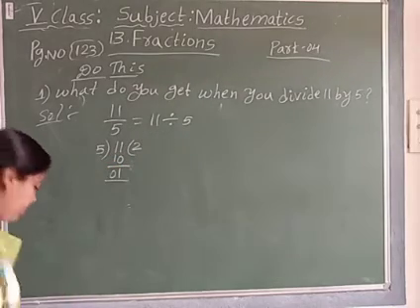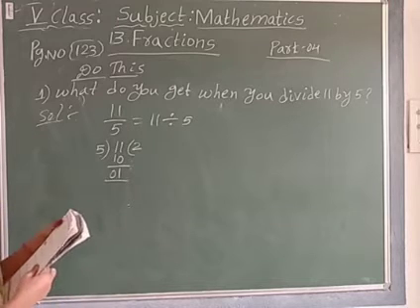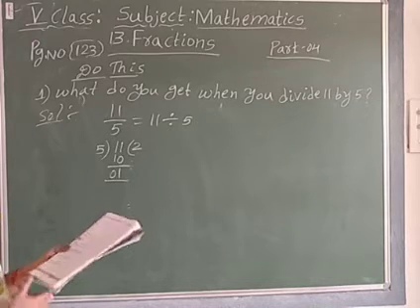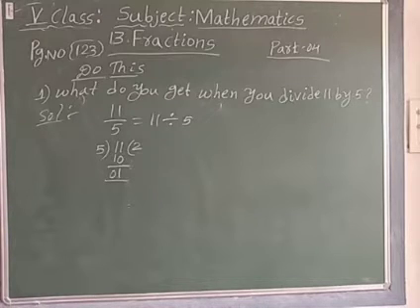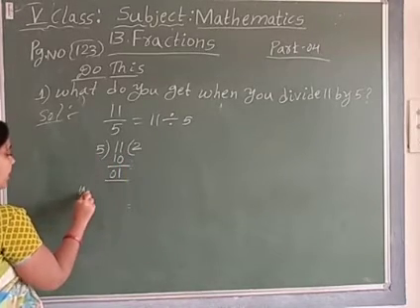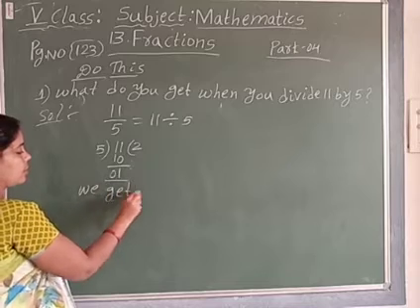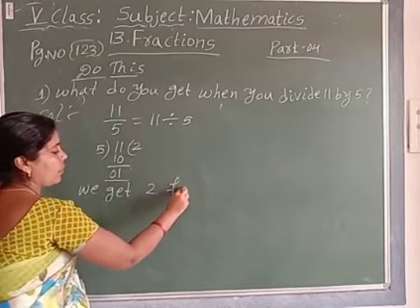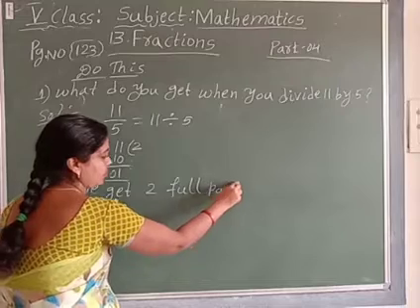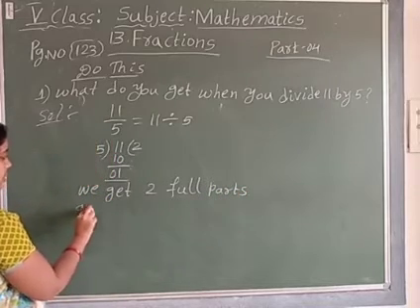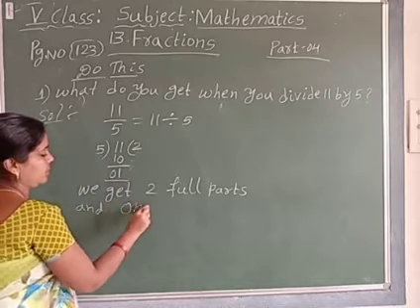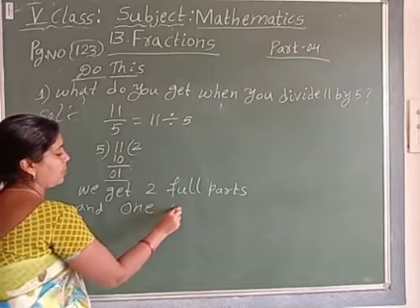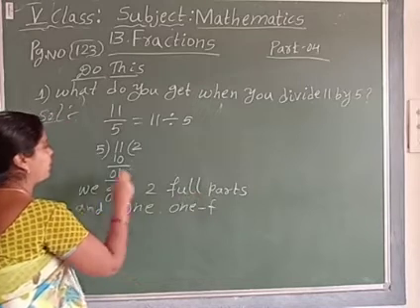So how many full parts are we getting? Write down first. Okay, we get how many full parts? We get 2 full parts and 1 remainder. 1/5.